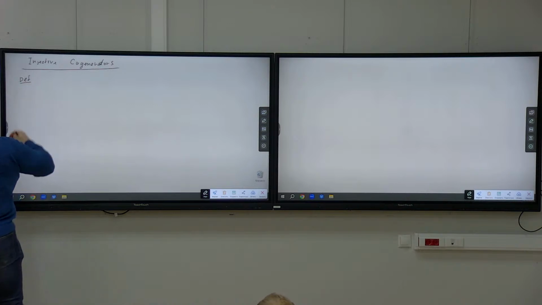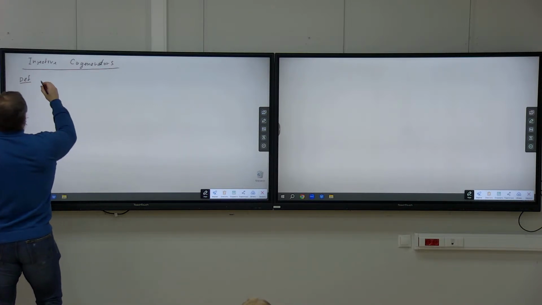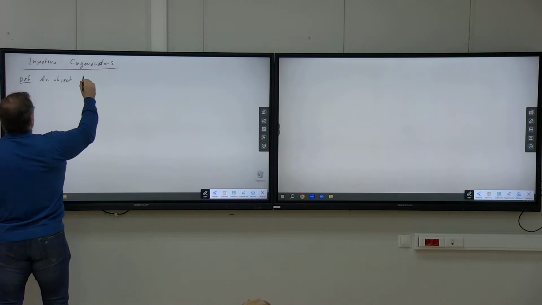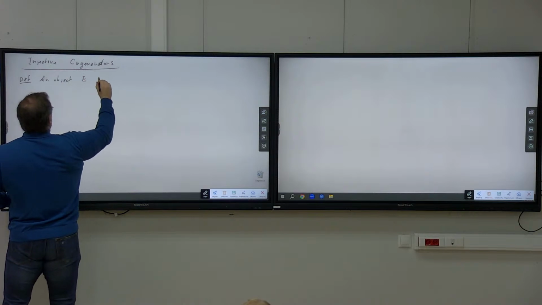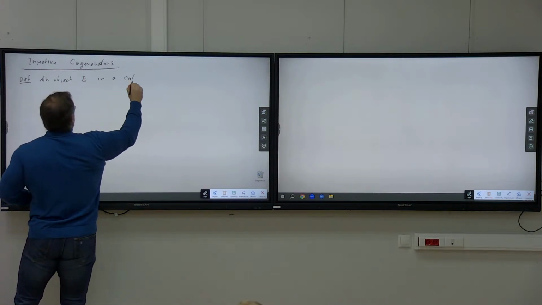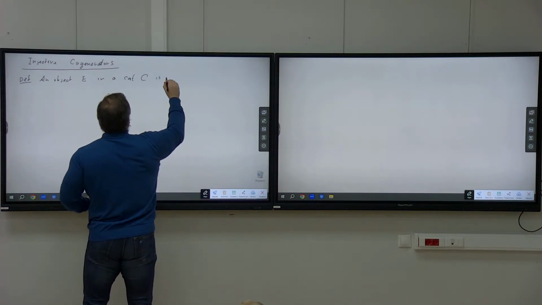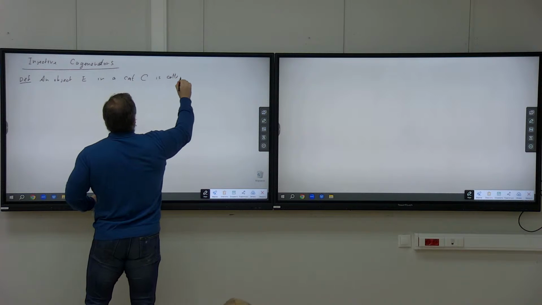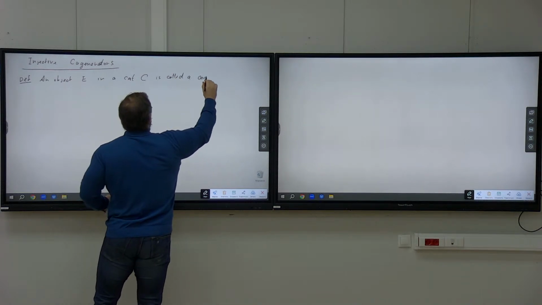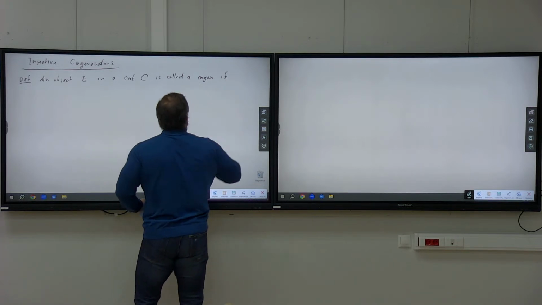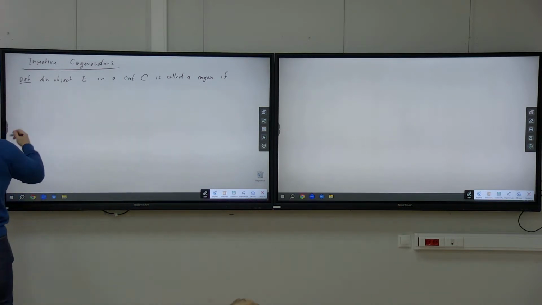Well, first of all, we have a quite general definition of a cogenerator, say an object in any category. An object E in a category C is called a cogenerator if we have the following property. We have two maps, f and g, which are different, so f is not equal to g.